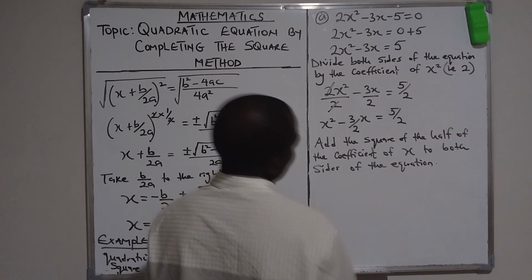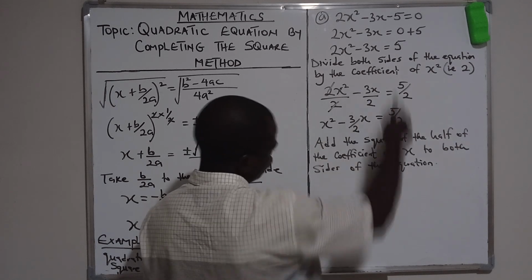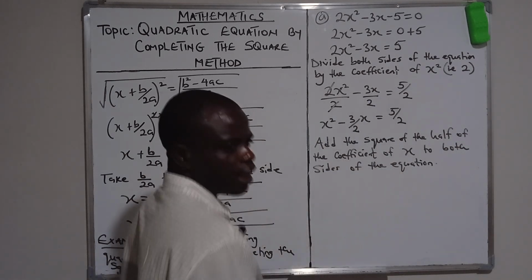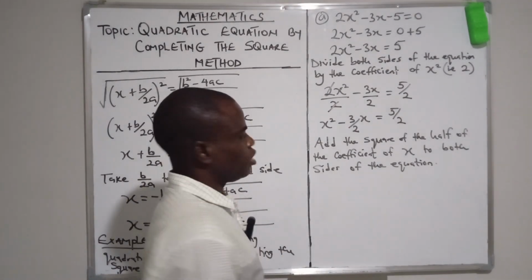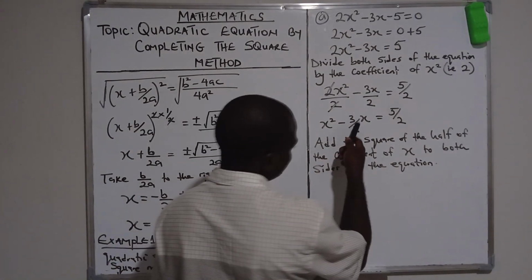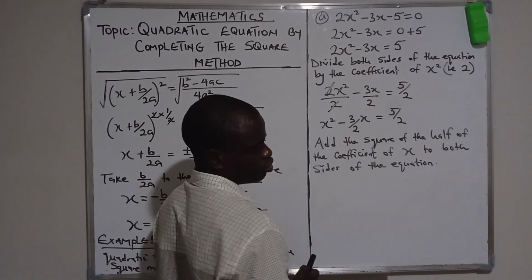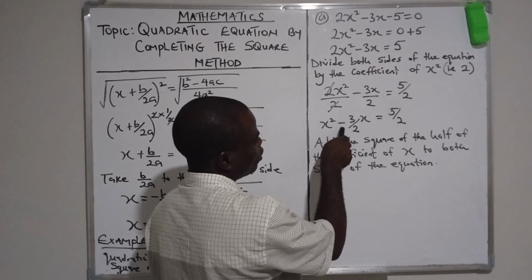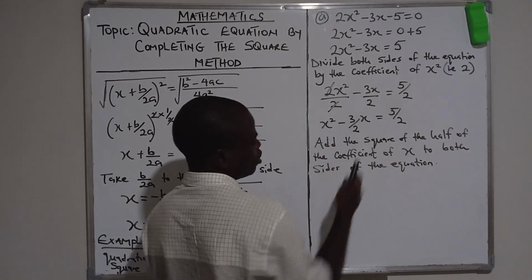What do you mean by that? You look for the half of the coefficient of this x, square it, and add it to both sides. Just multiply 3 over 2 by 1 over 2 and square it. And don't forget, since it's carrying negative, you introduce negative in what you're adding.